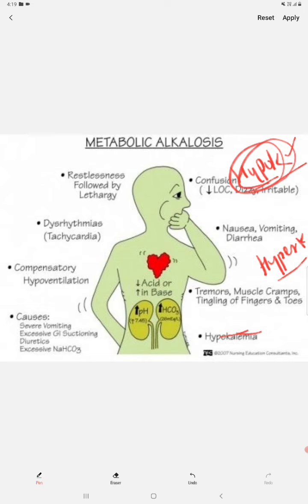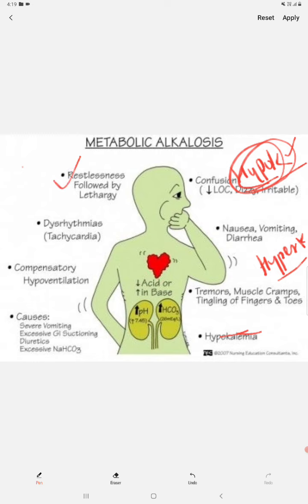Please remember this point. I'll repeat again. In metabolic alkalosis and respiratory alkalosis, you can see hypokalemia, a decrease in potassium ions. But in respiratory acidosis and metabolic acidosis, we can see hyperkalemia, an increase in K plus ions. So this is very important. Please remember these 2 points. This may be asked as MCQs, or it can be helpful, okay.